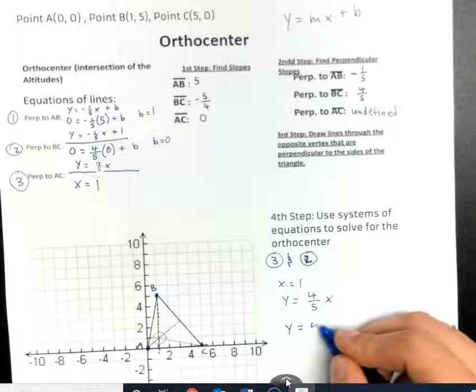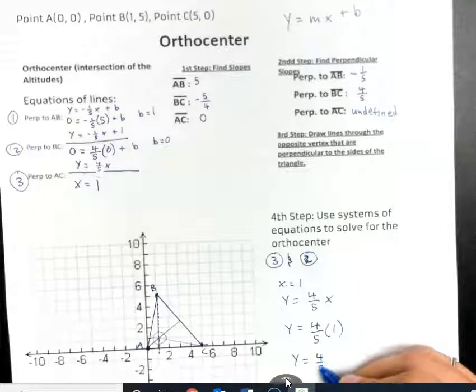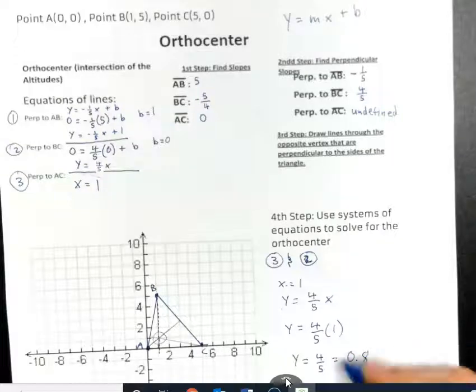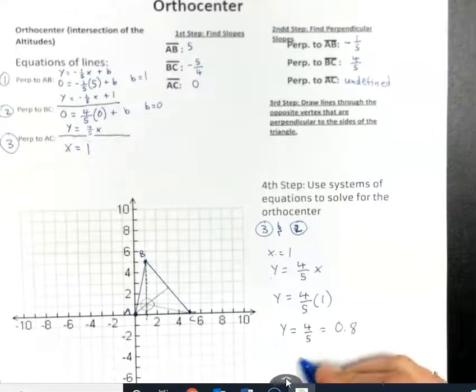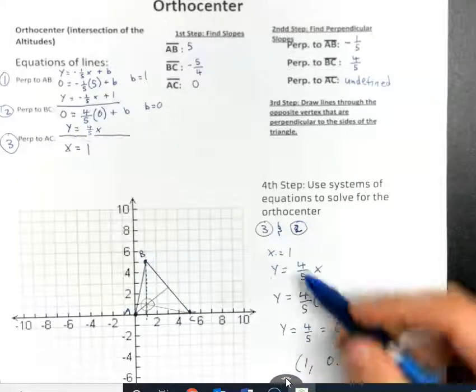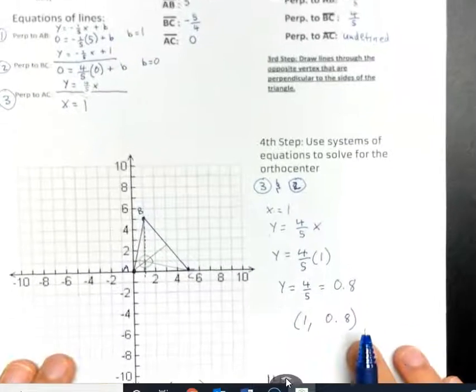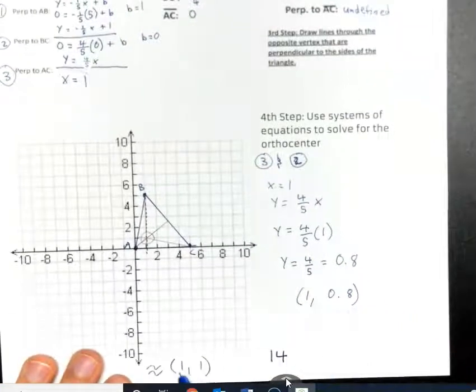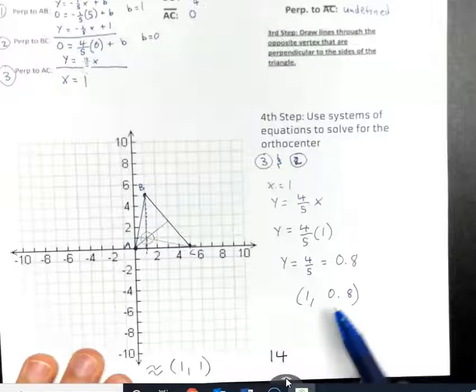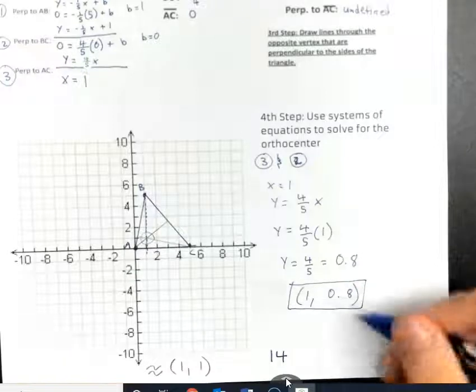So y equals 4/5 times 1, which is y equals 4/5, which is equal to 0.8. So then the point, my orthocenter, is actually at 1, 0.8. Because we got my y, we got my x. And is 1, 0.8 close to what we approximated it would be? We approximated it would be 1, 1. We actually calculated it's 1, 0.8. Yep, it's pretty close, so we're good.